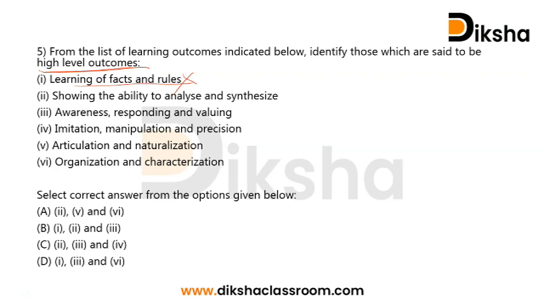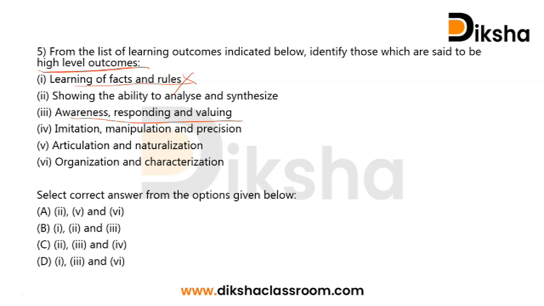Then awareness, responding and valuing. What happens when we become aware of something, when we respond to something, or when we value something that we see or hear? All of these are happening at the conscious level of our learning process, which cannot involve complex mental processes, because we can be aware of something without using our complex mental processes.